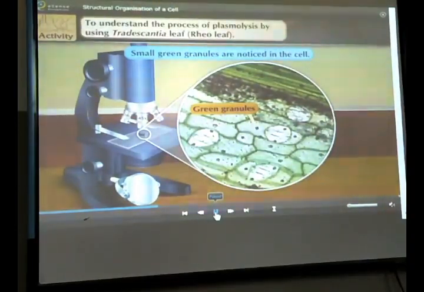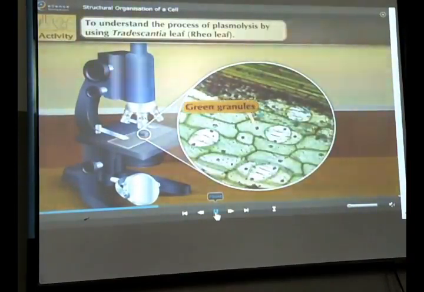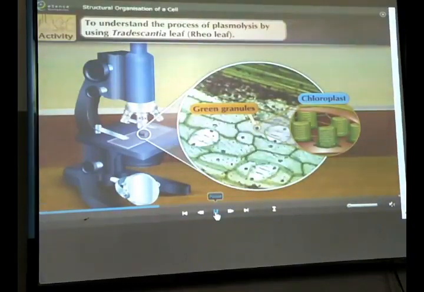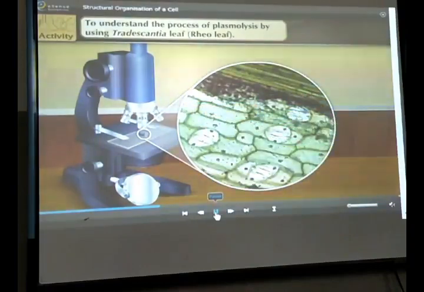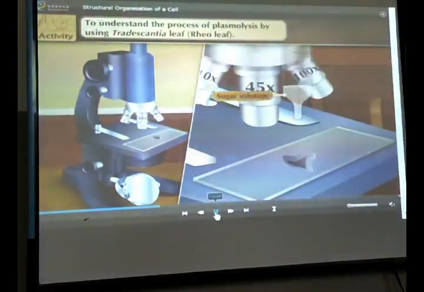So how are they working there? Inside, you will find chloroplast. It contains chlorophyll.